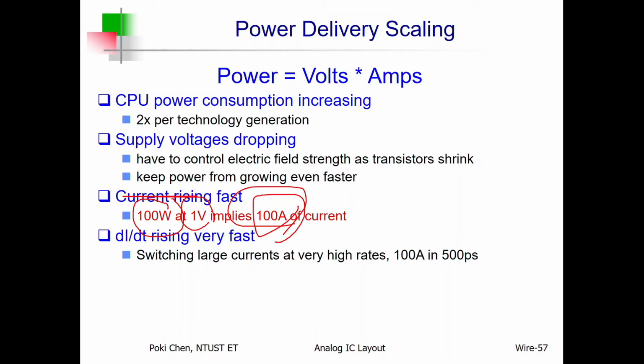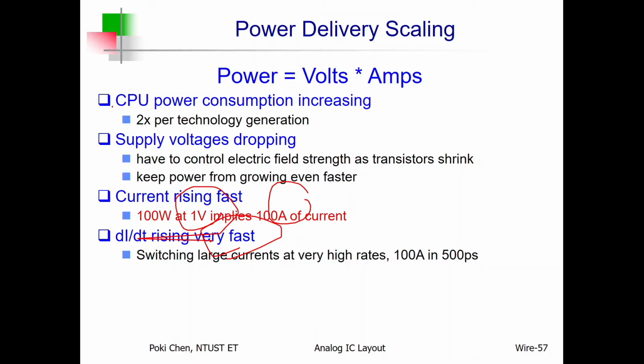So, as I mentioned, you need to face the consequence. Not only is the current so huge, but the change is also very fast. Why? Because our chips nowadays operate at gigahertz, right?